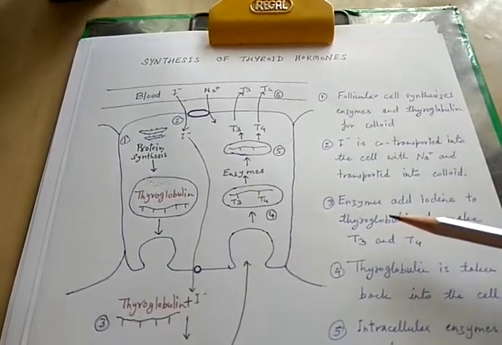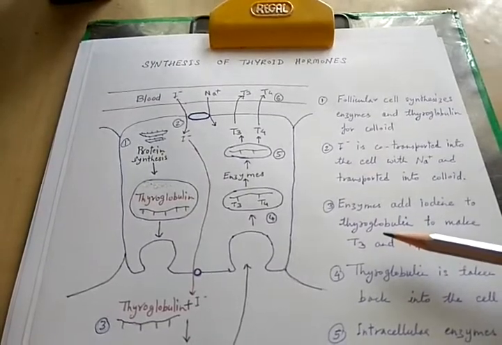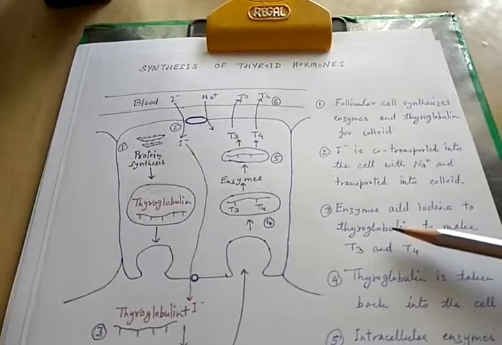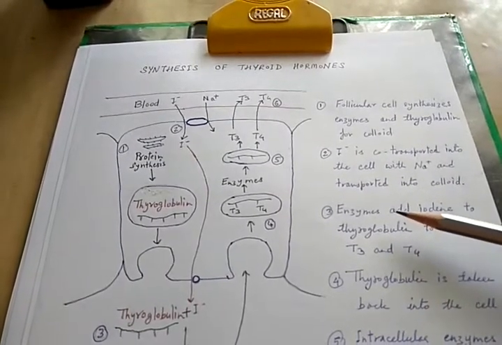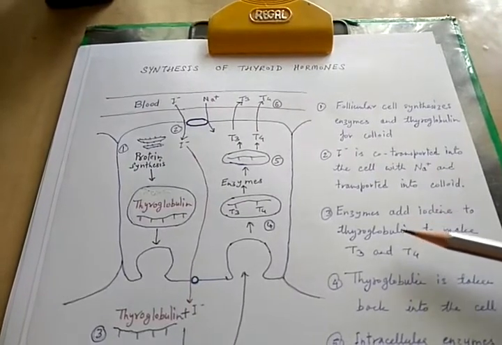The next enzyme adds iodine to thyroglobulin to make T3 and T4, and before the enzyme adds iodine, there is oxidation of iodide ion to form the iodine.